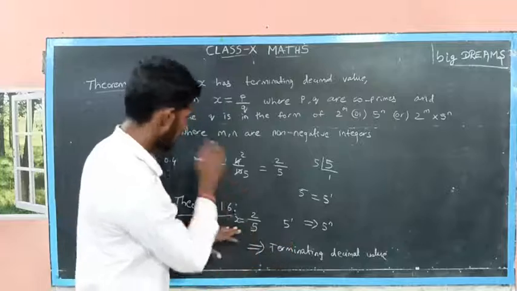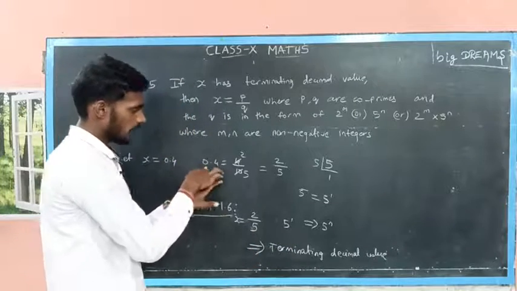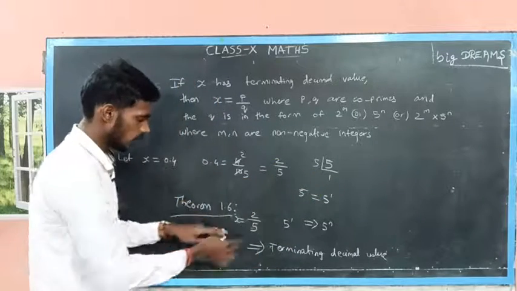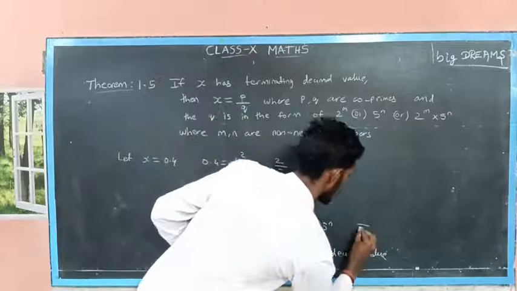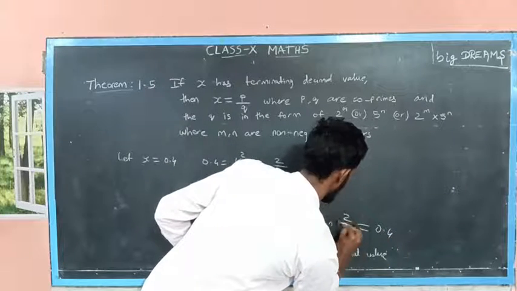So in the previous theorem 0.4 is represented as 2 by 5, and here 2 by 5 is represented as 0.4.